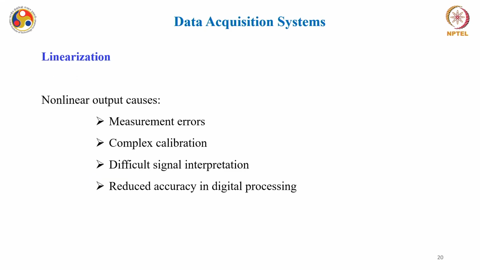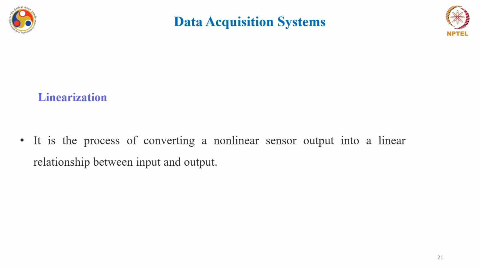For nonlinear sensor outputs, we have various issues, like there can be measurement errors, and complex calibration is required. Then signal interpretation, particularly the interpolations, is difficult, and accuracy in digital processing is also reduced. So, you want to linearize the output from the sensor, and linearization is the process of converting a nonlinear sensor output into a linear relationship between input and output.